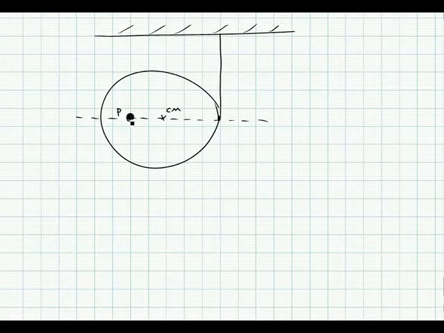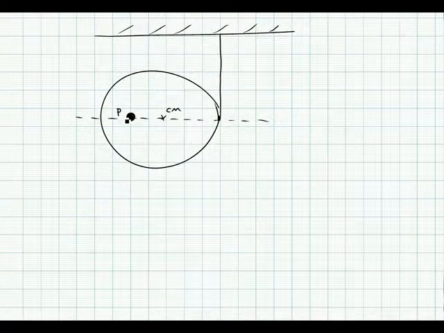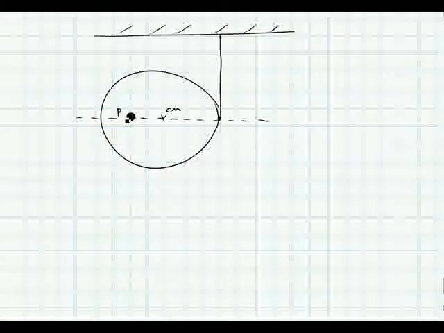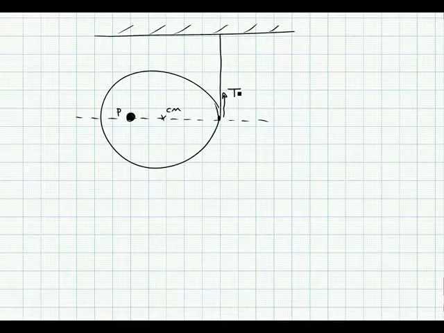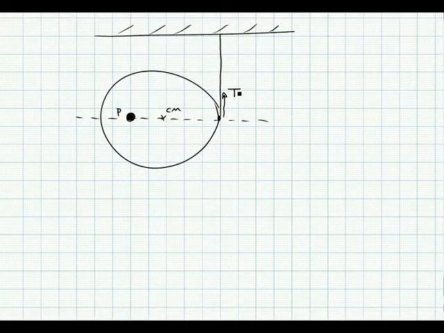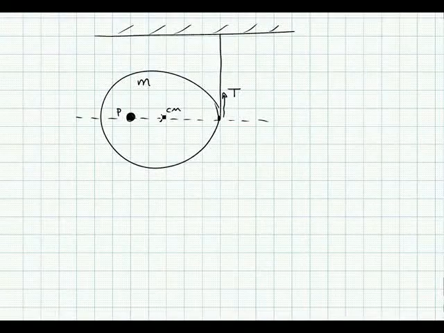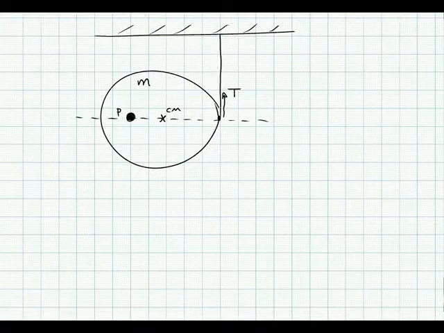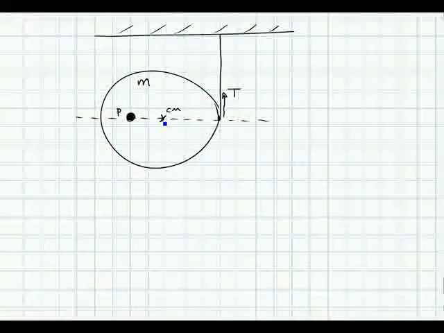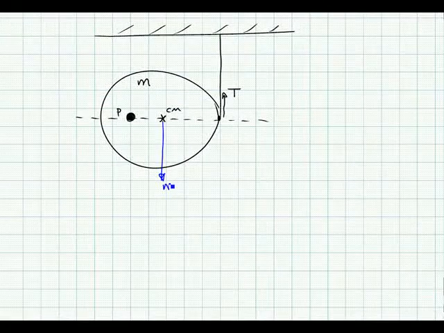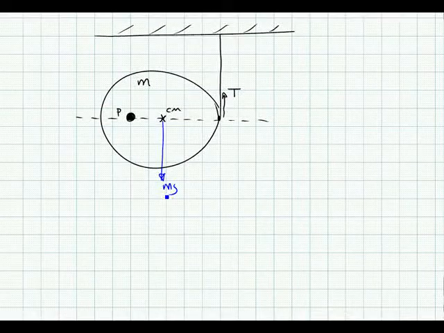So the artwork is supported by a nail driven right through it onto the wall, and this is the tension T applied to the string here. So if our artwork has a mass m, we know where the center of mass is. Once again, let us go ahead and identify all the forces. So we have mg acting down.